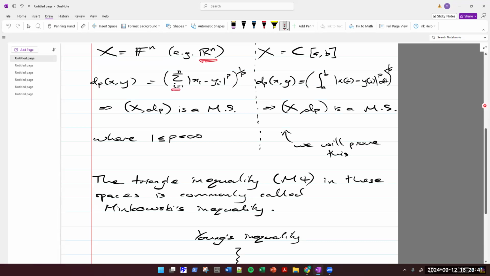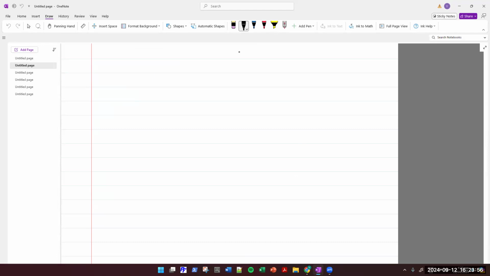The proof is exactly the same in both spaces; you just have to do some minor adjustment. What do I mean by that? Instead of using summation, you just use integral. There's a little trick in it, and the trick in both cases is the same. So let me see if I can write this down.